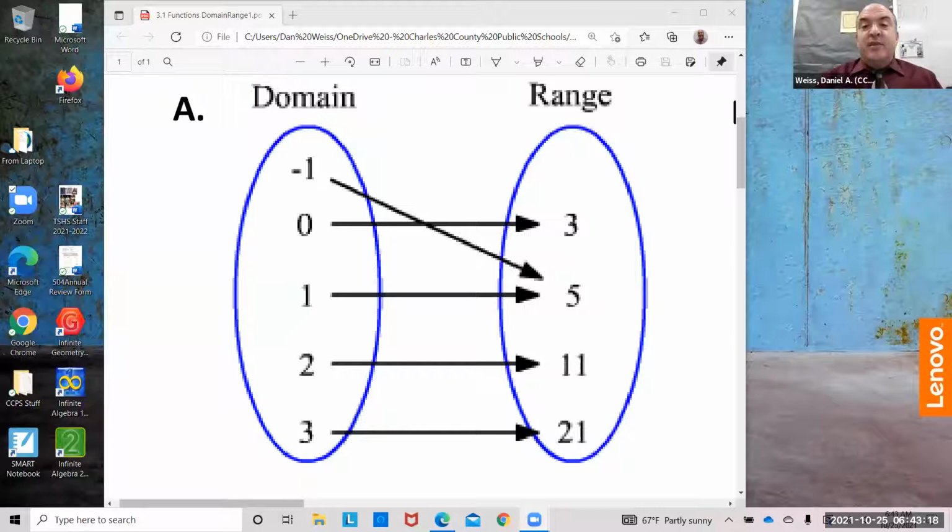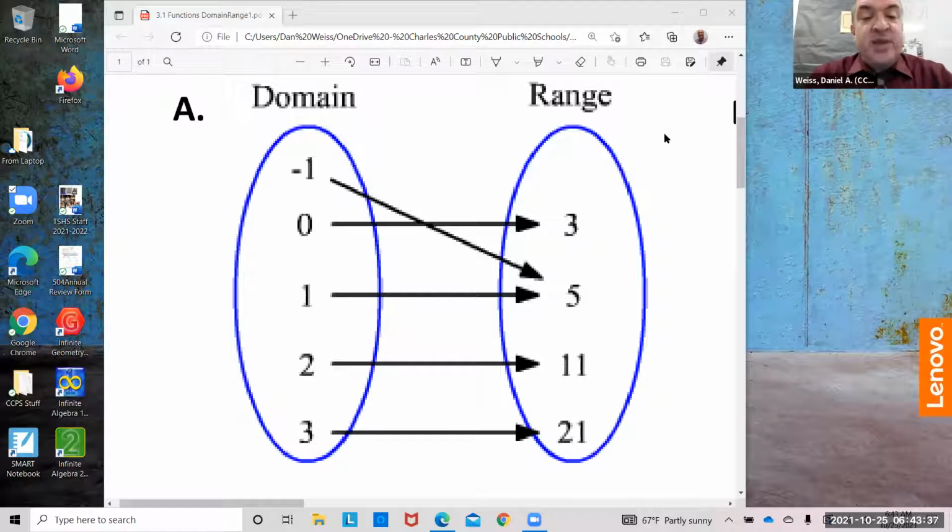Today, we're going to talk about domain and range and functions. Okay. So here's what a function is.